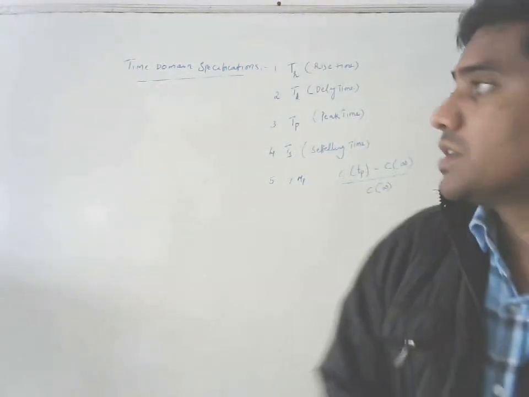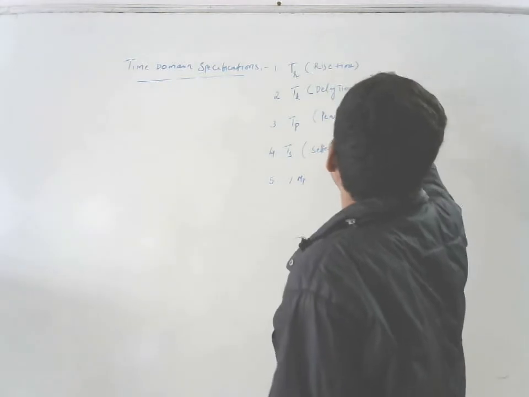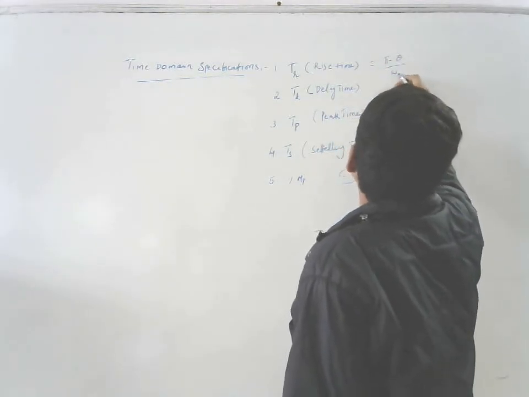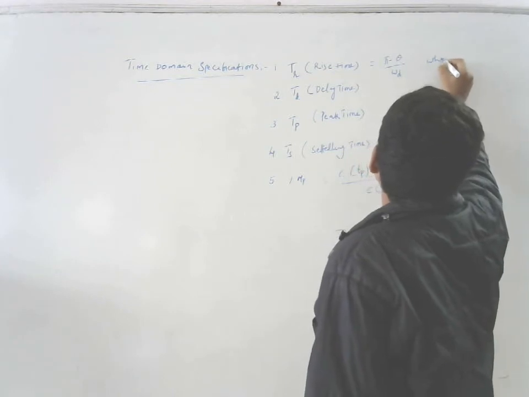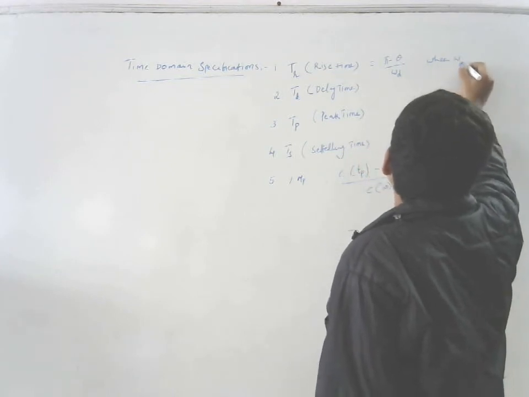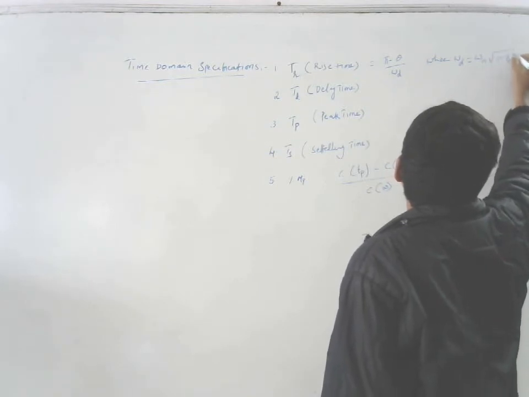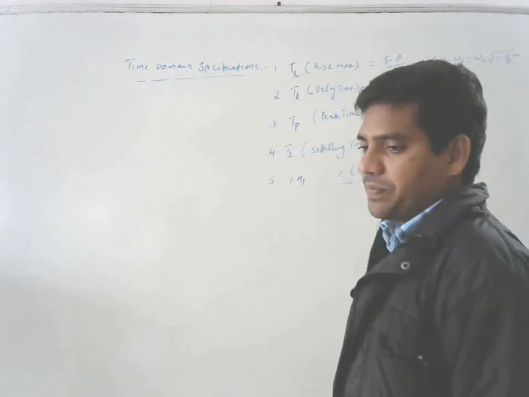Now, what is the rise time formula? Pi minus theta by omega d, where omega d is equal to omega n into square root of 1 minus zeta square.